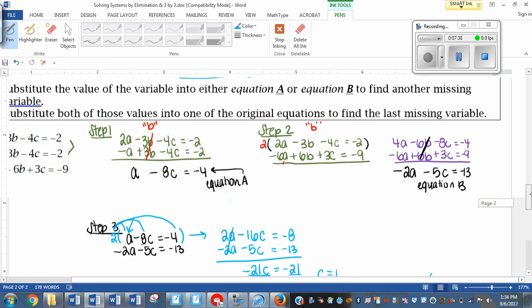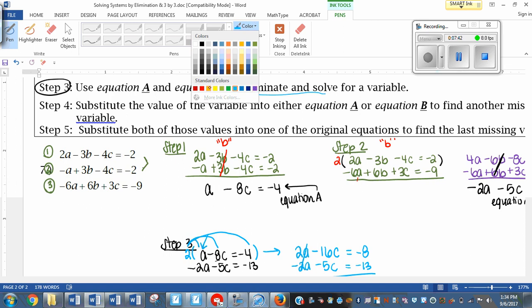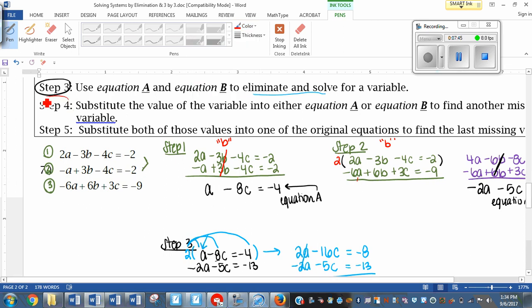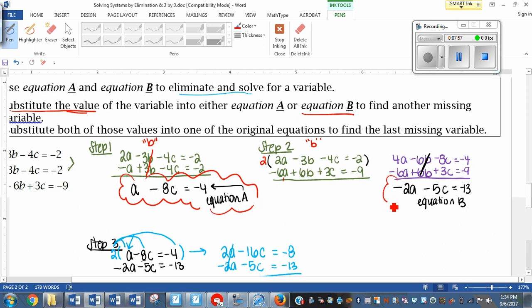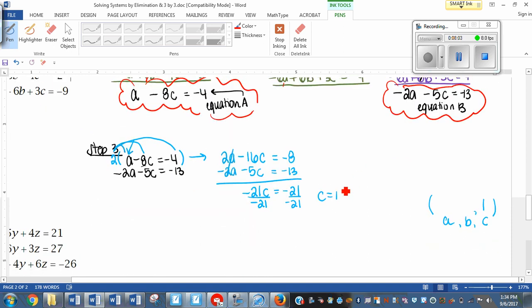What you're going to do now, we're moving on to step 4, where we're going to take that value that we just got, C to be 1. We're going to substitute that value in for the variable into one of these equations, equation A, or they say equation B. It does not make a difference. I'm going to choose to do equation B just because I have some more room to work over here.